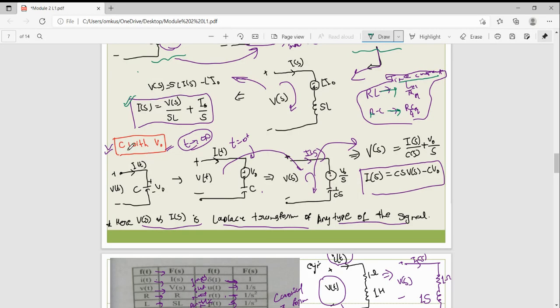Now the same with the capacitor with V naught. For this V naught, you know the capacitor doesn't allow a sudden change in voltage. But when the time tends to infinity, in that case we say that the capacitor acts as an open circuit for an ideal DC voltage source, right?